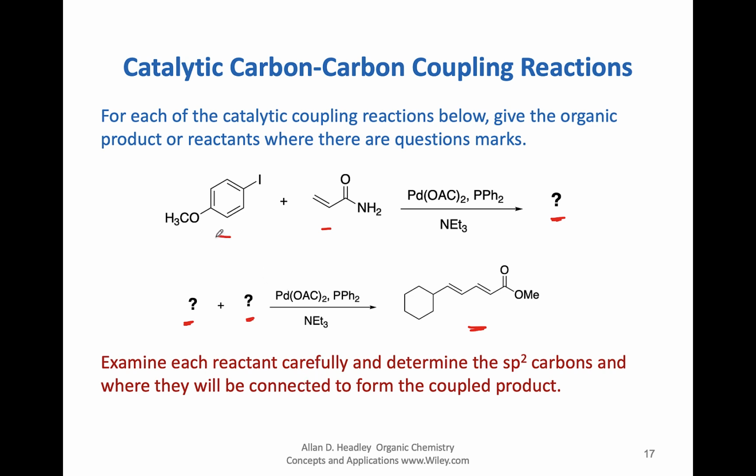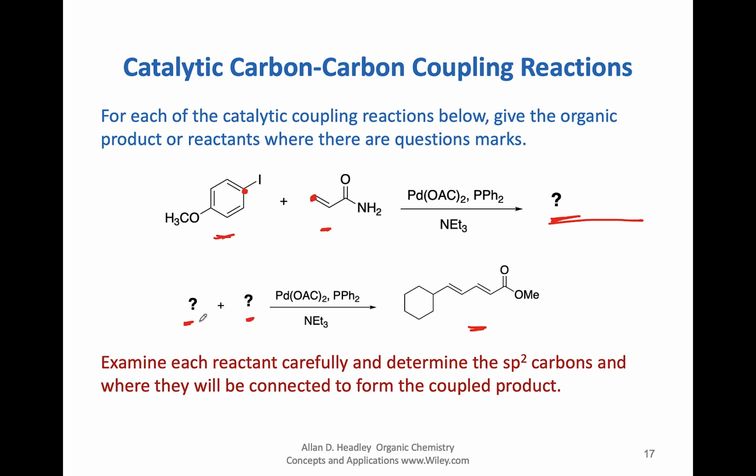We have to observe and analyze each reactant carefully and determine which bonds will come together, which carbons will come together. As you can imagine, this sp2 carbon here will be bonded to this carbon here to make this molecule over here. So again, that's one aspect of this course, is to learn how to apply scientific analysis, observation, and of course the application to solve a problem.